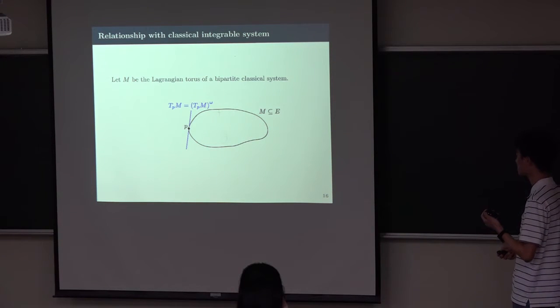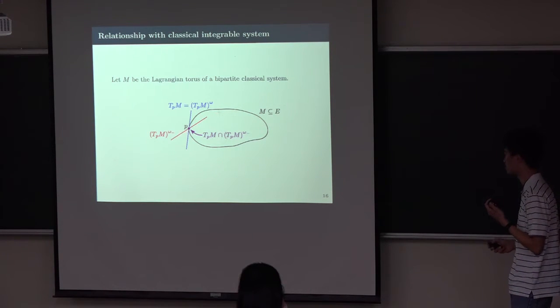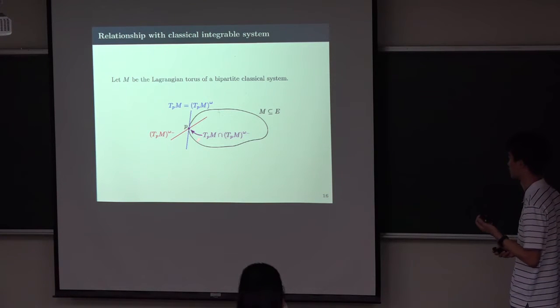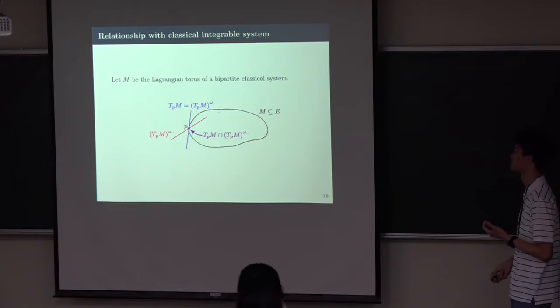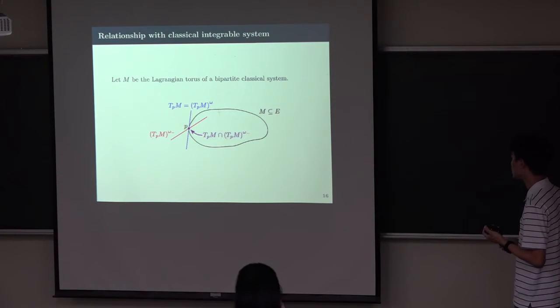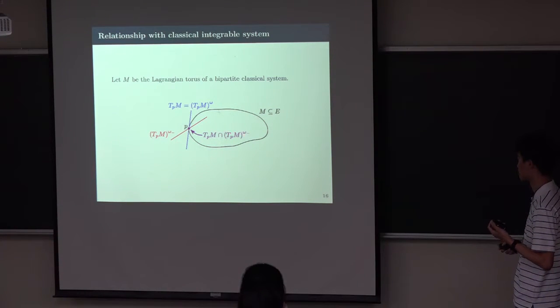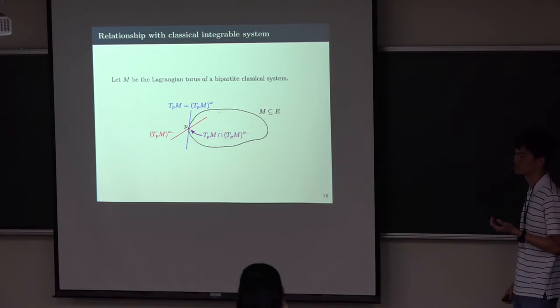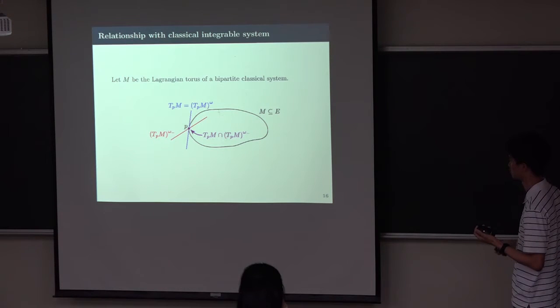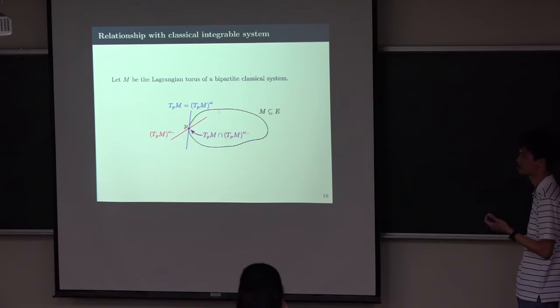And if it is not Lagrangian with respect to omega minus, then this torus is not a product torus. And also we can use the dimension of the intersection here as a degree of separability of this Lagrangian subspace.